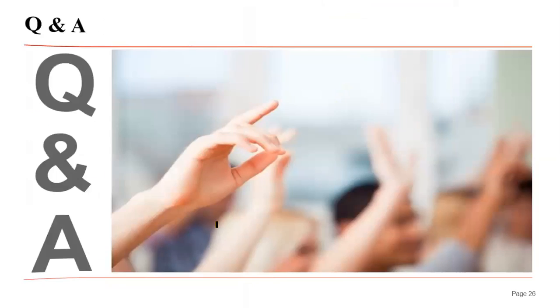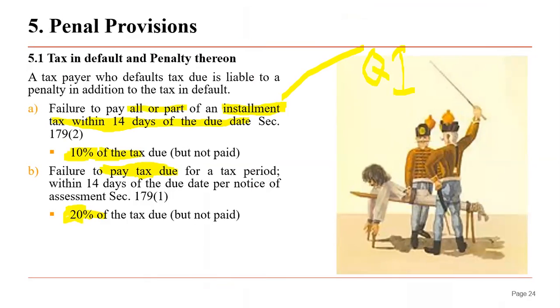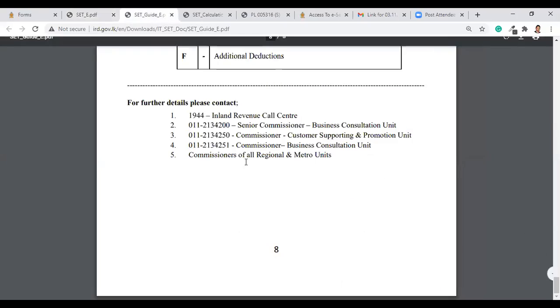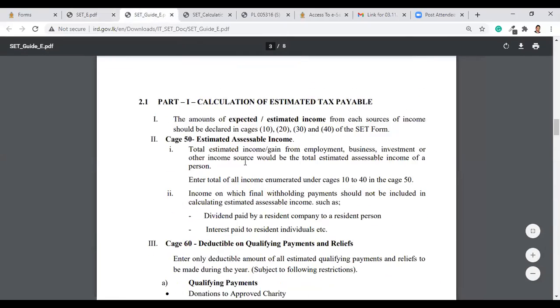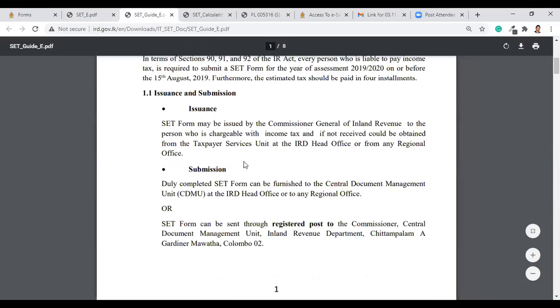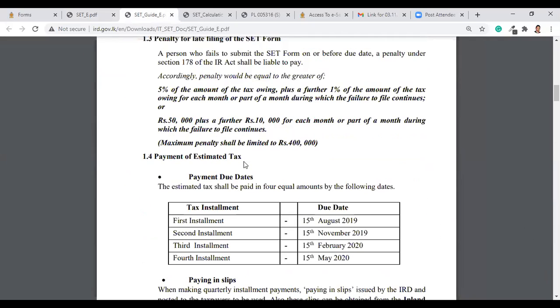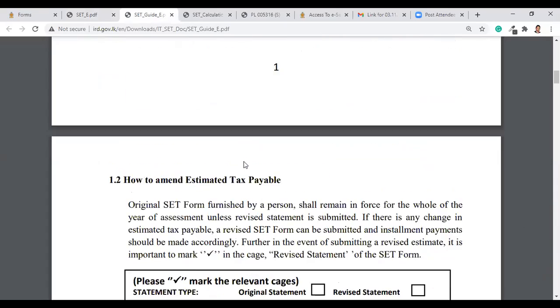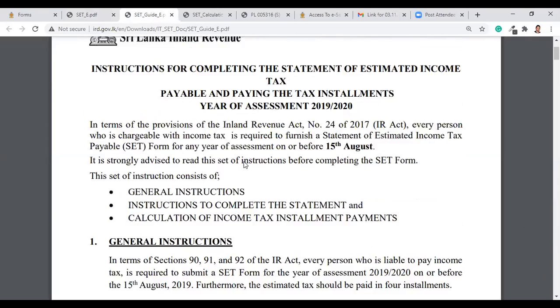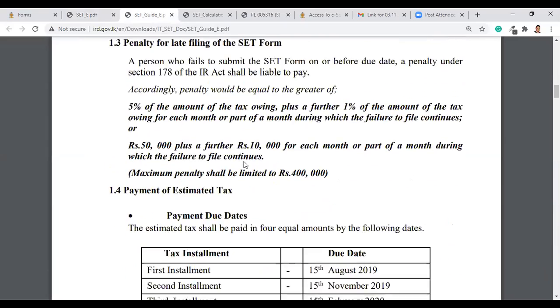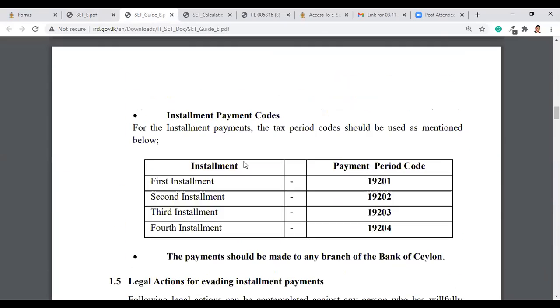Here I have not touched on the interest, so let me share the interest as well. It was there in this guide, and I will explain the interest part through this. Even the self-assessment return is treated as a return.